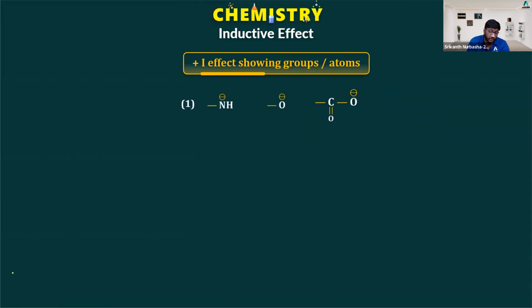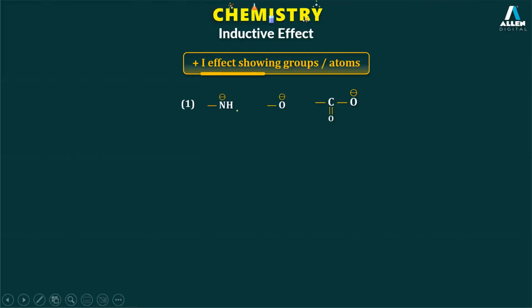Try to think of this: NH minus, O minus, C double bond O minus. Are all these plus I groups or minus I groups? Already the heading has been given. They are all plus I groups. Which will have greater inductive effect, greater electron donating tendency?